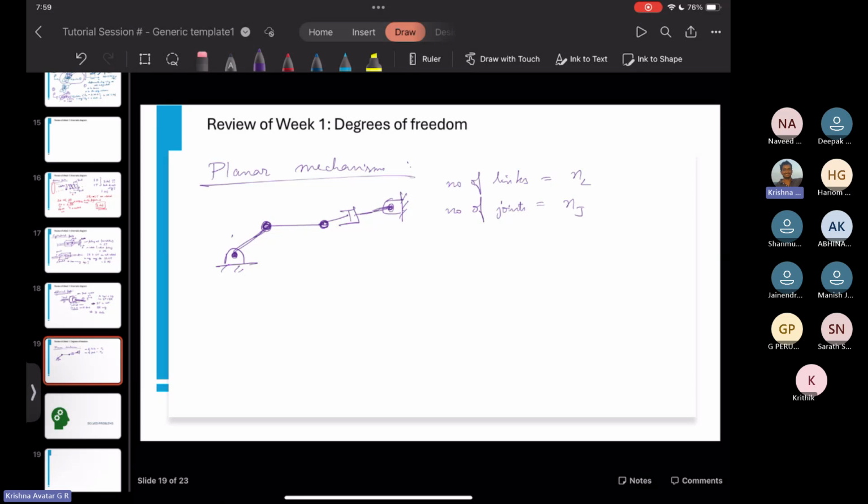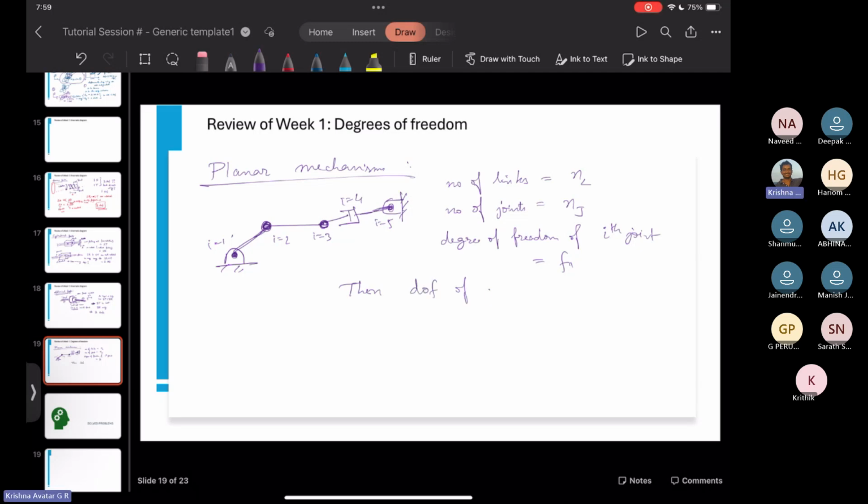And the degree of freedom of the ith joint is equal to Fi. So in this case, this is i equal to 1, this is i equal to 2, i equal to 3, i equal to 4, i equal to 5. So for the ith joint it is Fi.